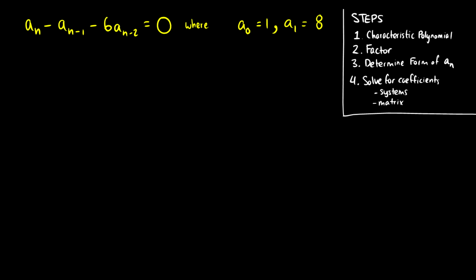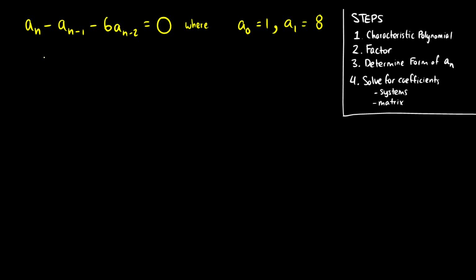First of all, we want to transform this recurrence relation into an equation. So we need to get all of our a_n's to one side. Conveniently, this is already done. Now what we're going to do is multiply each term to the power r^n.